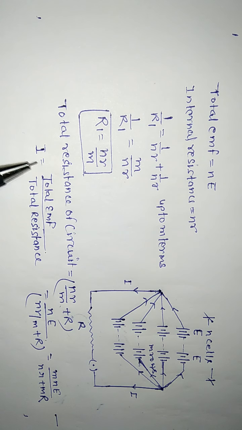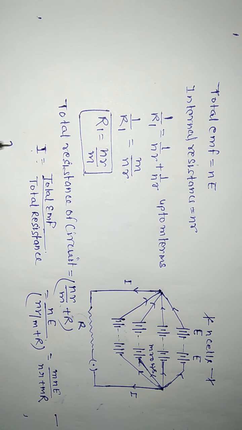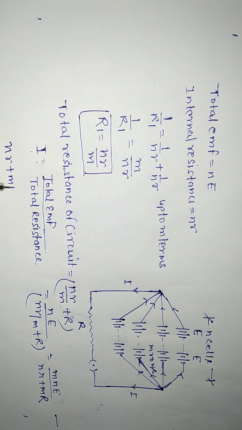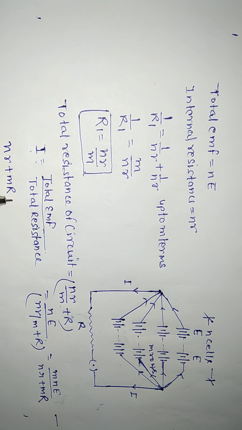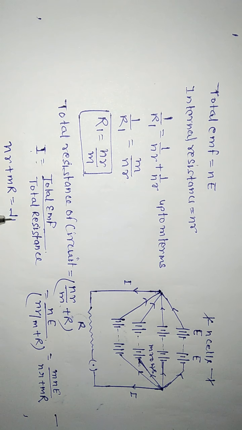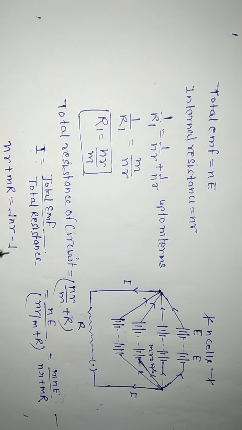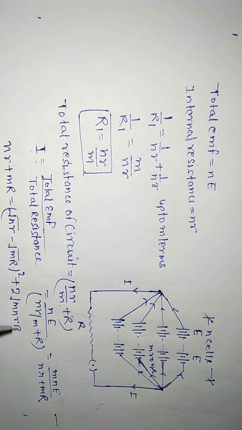Now for the value of I to be maximum, this quantity should be minimum. Means nr plus mR can be written as (under root nr minus under root mR) whole square plus 2 under root mnrR.